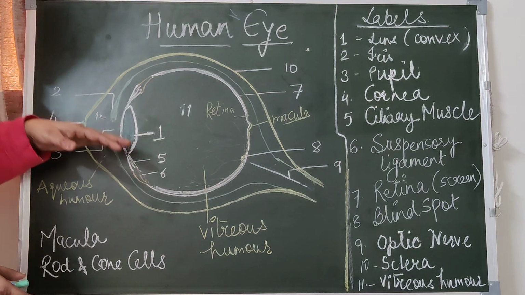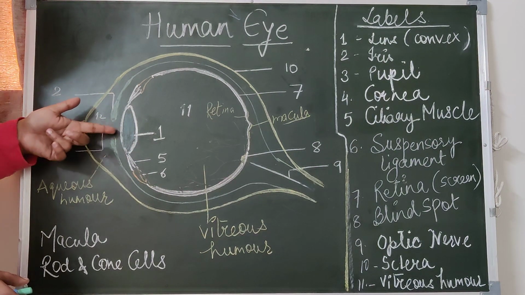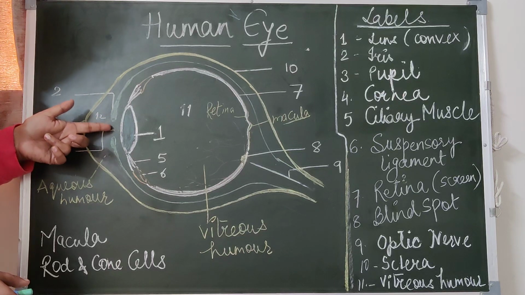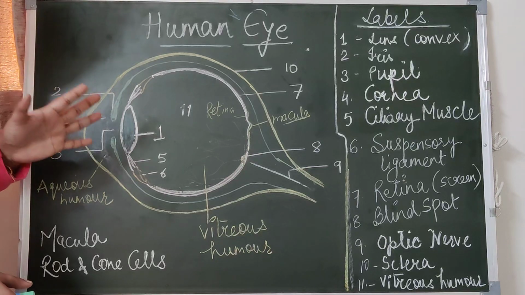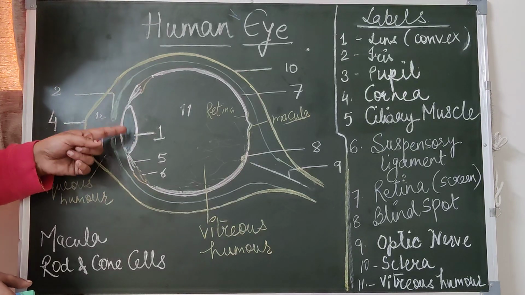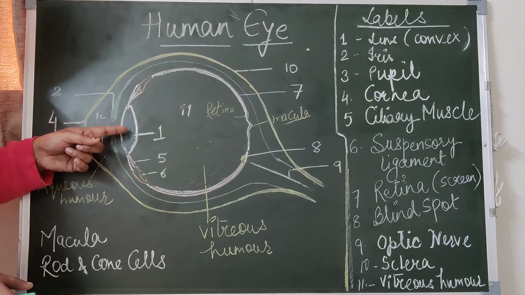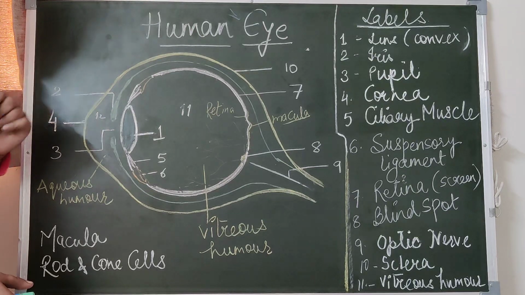But if this eye is focused to a bright light, then this iris comes closer, and this central portion pupil becomes smaller, and that is why it will not allow harsh light to damage your lens. So the main purpose is to protect this lens. How has it been protected? It is protected by the iris and the pupil combination.